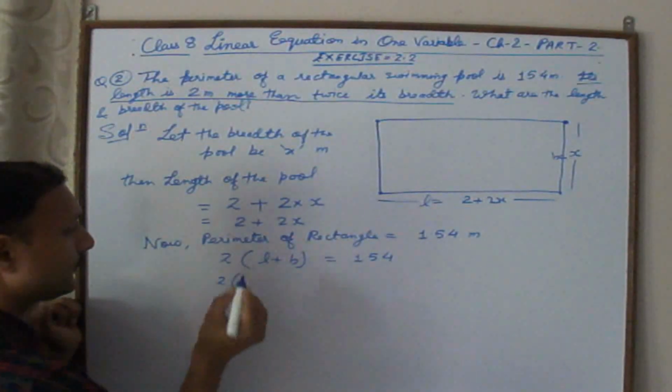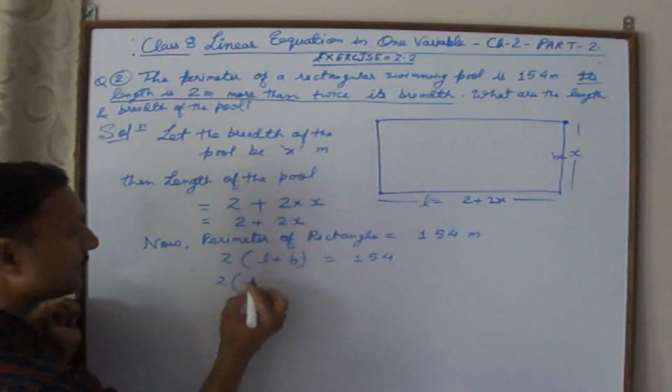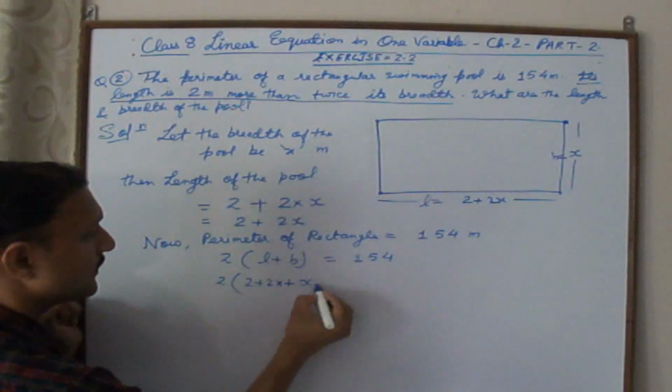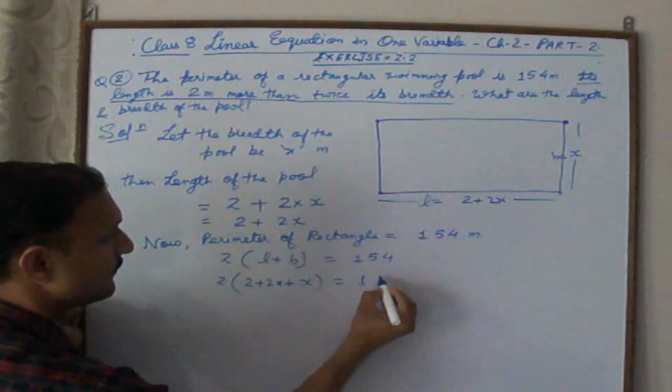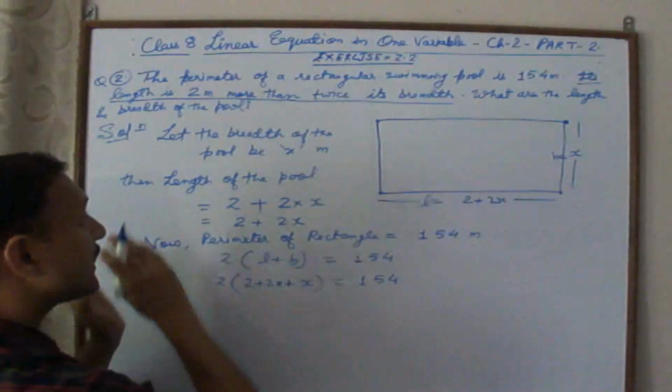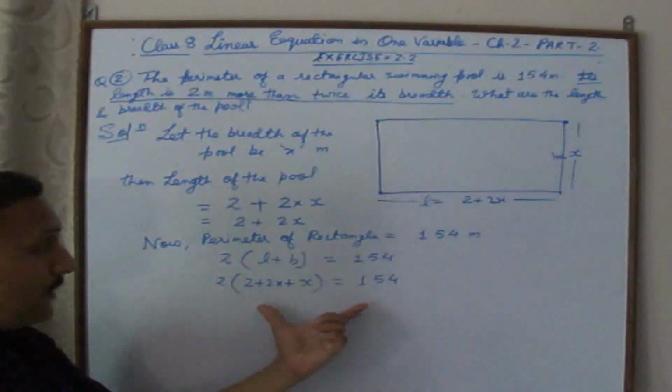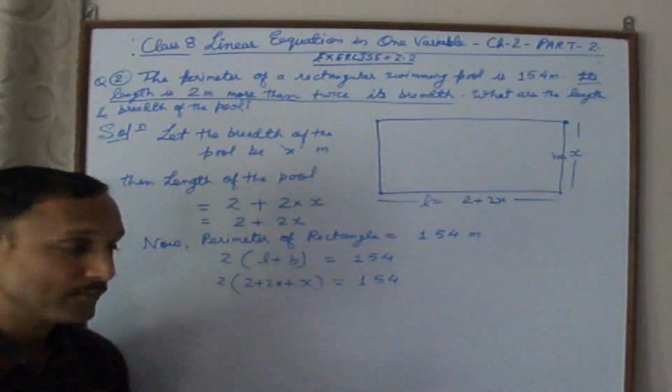Now put the values. What is the length? 2 plus 2x. What is the breadth? x. So we have finally converted this word problem into an equation, with the variable x.